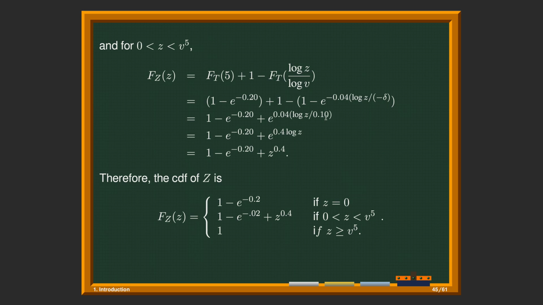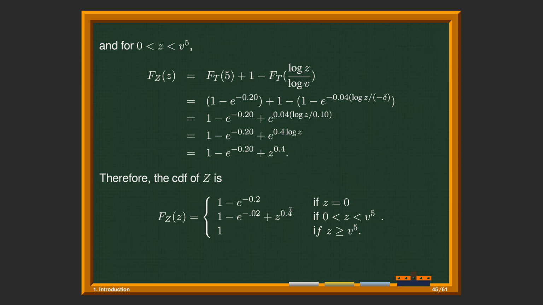So what we have is the following. This one cancels out. You have 1 minus e to the negative 0.2 plus e to the negative 0.04 times log of z all over 0.10. So 0.04 divided by 0.10 is 0.4. And of course, e raised to 0.4 log z is equal to z to the 0.4.